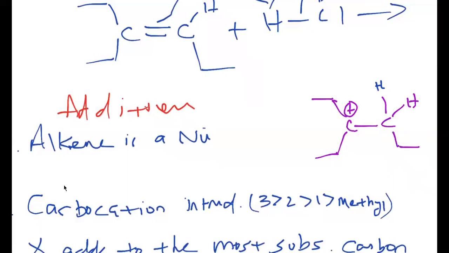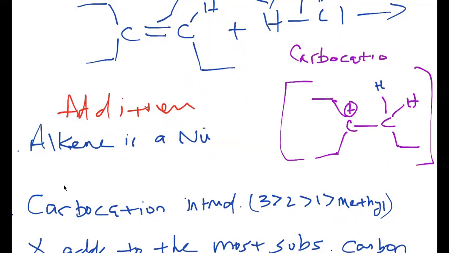Right? And we'll put that in brackets. All right? So this is your carbocation intermediate. And if you'll notice, the carbocation is on the tertiary carbon, right? Because it's more stable there. Yes or no? Anybody not see that?